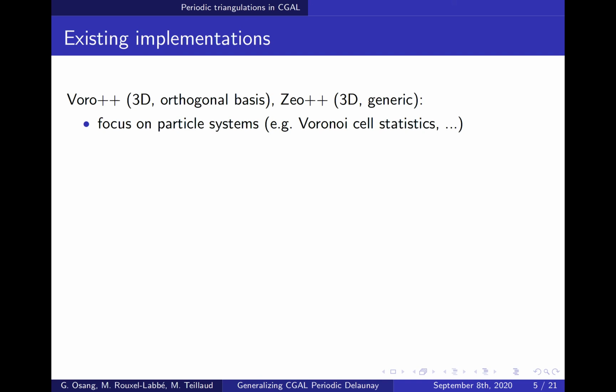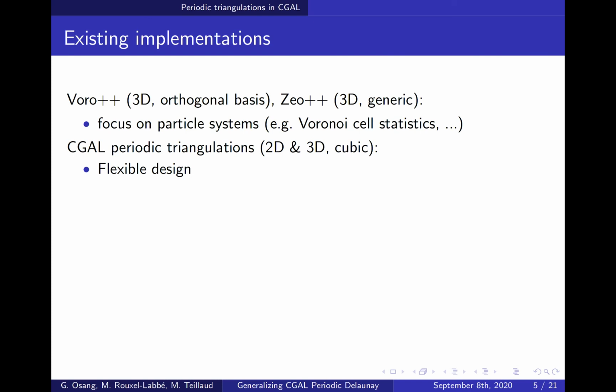On the other hand, the Delaunay combinatorics are not so straightforward to access, and also it doesn't use exact arithmetics. It uses some trickery there. On the other hand, in CGAL, what is there is both in 2 and 3 dimensions.